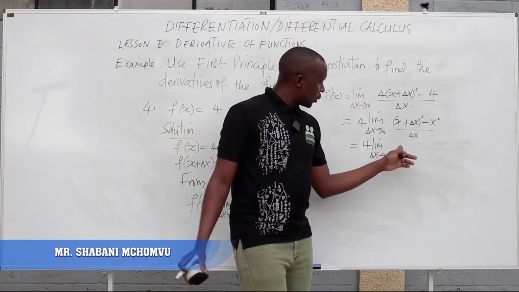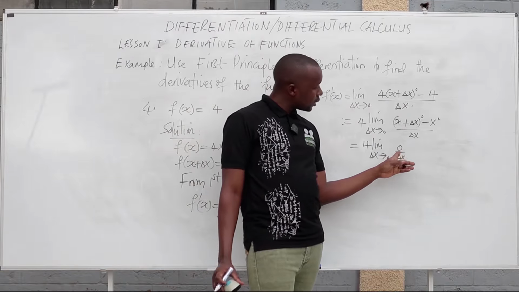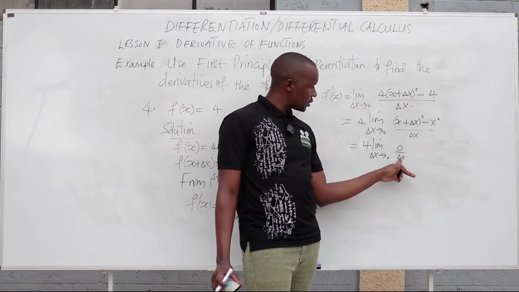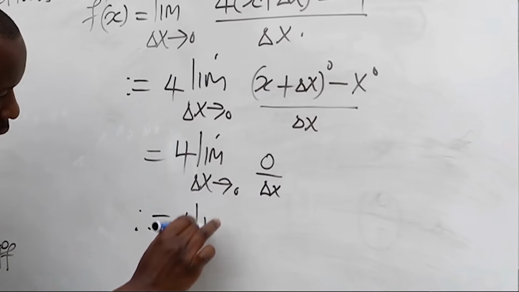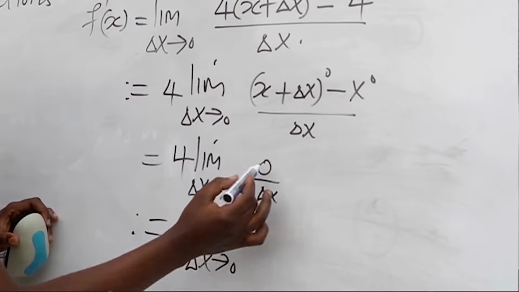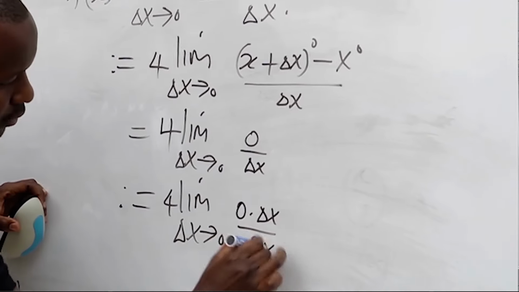But we can simplify here by expressing this 0 in another way, where we can have change in x. So we can do 4 times the limit as change in x approaches 0. This one is the same as 0 times change in x over change in x.